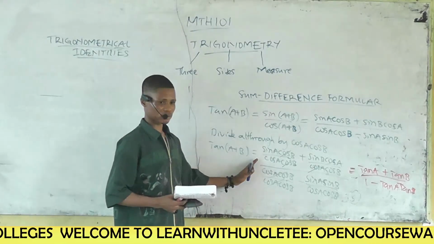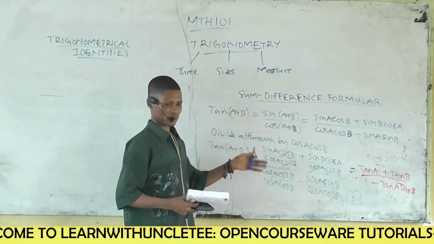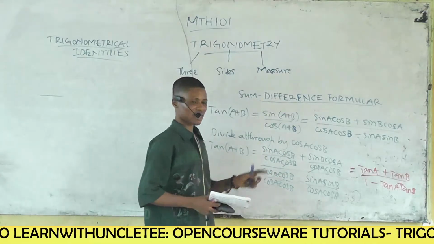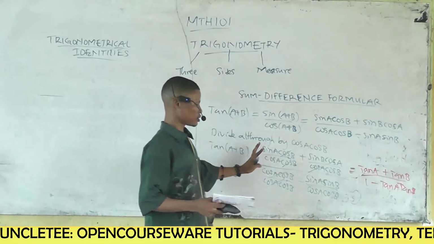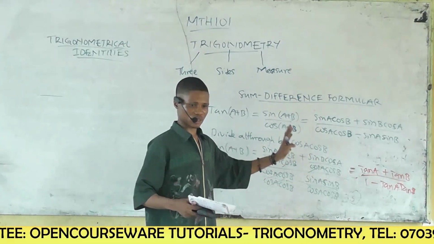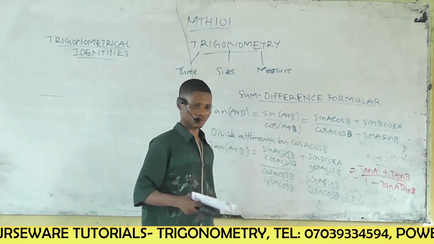Here, I said divide all through by cos A cos B. That is, every single element in this, you are going to divide it by cos A cos B, both the numerator and the denominator. Okay?